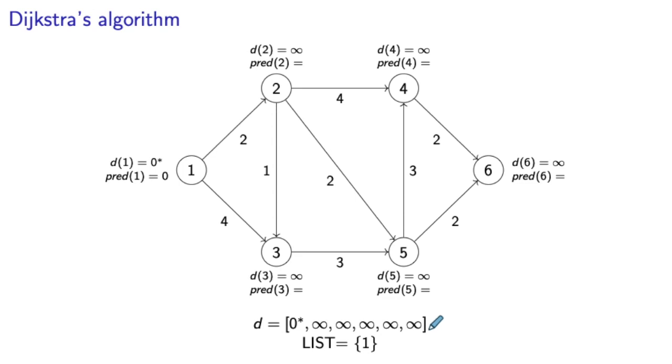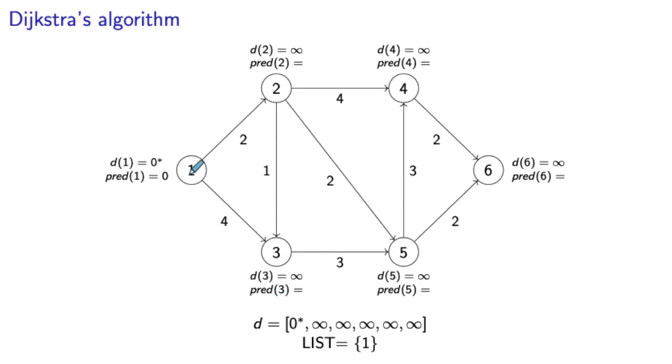For that, we go over the vector of the distance labels and we pick the smallest distance label that has not yet been made permanent. In the beginning all the labels are temporary, and we start by making the label for node 1 permanent because the distance of 0 cannot be improved. So we make this label permanent and we proceed to the next part of the Dijkstra's iteration, which is exploration or distance updates.